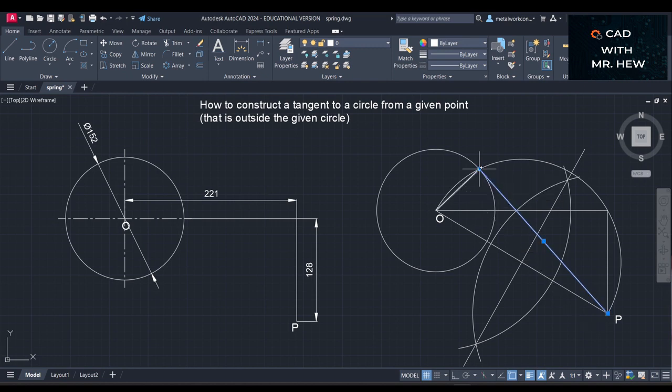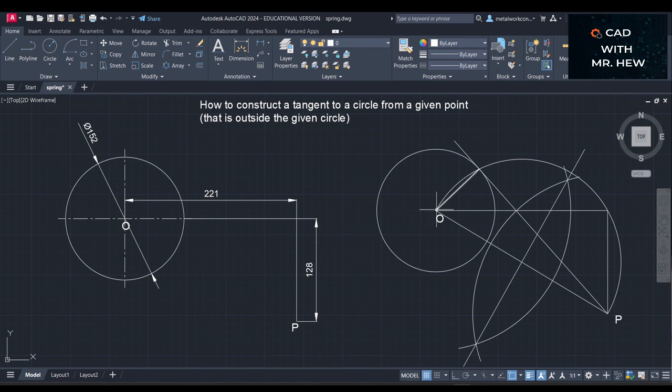So go again, line, enter, that would be the tangent. This will be the tangent, the line drawn from P to the normal.